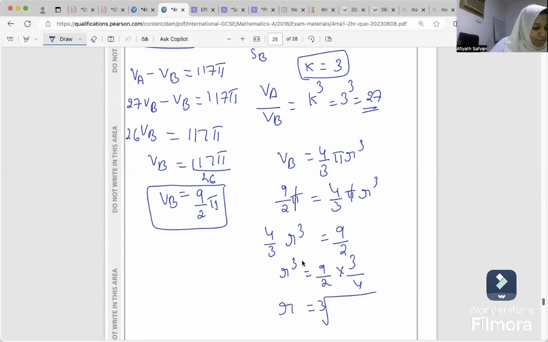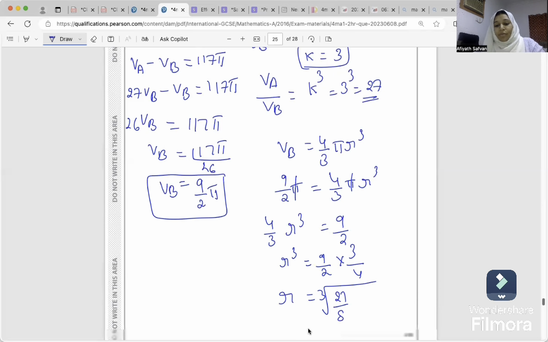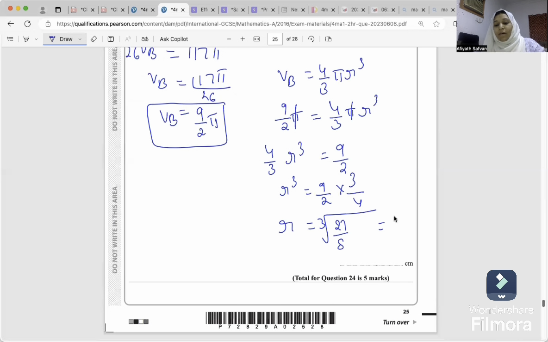So 9 divided by 2 into 3 divided by 4, which is going to be 27 over 8. So cube root of 27 over 8 becomes 3 by 2, which is 1.5 centimeter.